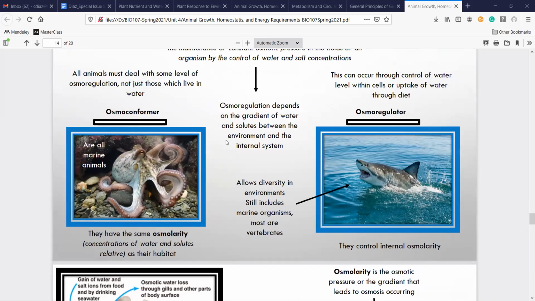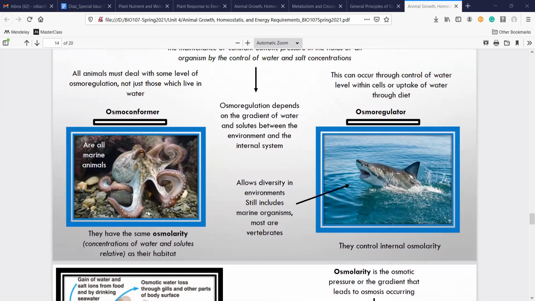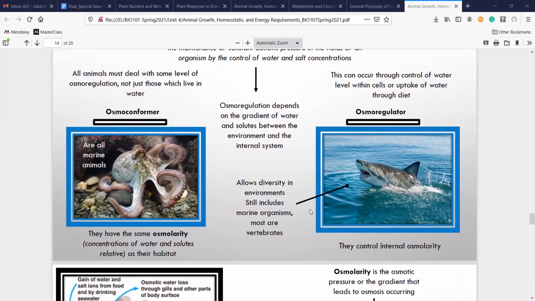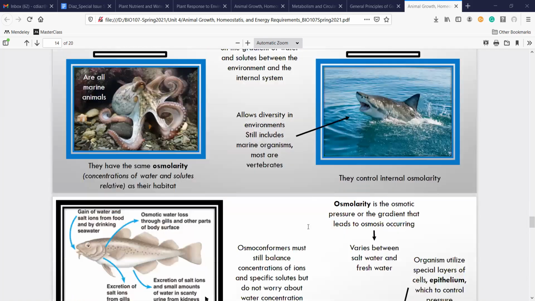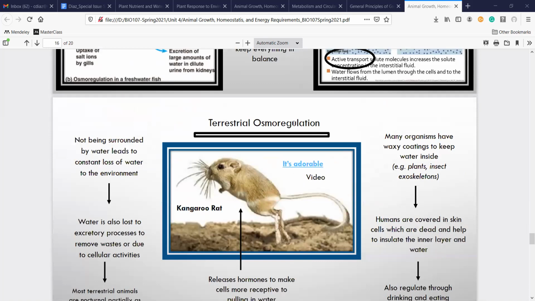When you think of an osmoconformer, they're all organisms that live in water. And then osmoregulators will be mostly vertebrates, a lot of these higher up organisms, invertebrate versus vertebrate. The vertebrates need to control their water a little bit more, and the way they do that is twofold. Osmoregulation also has to occur on land.